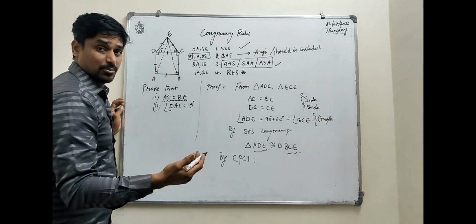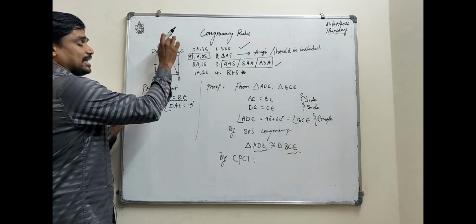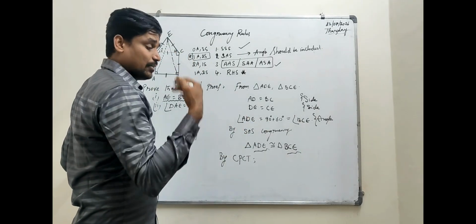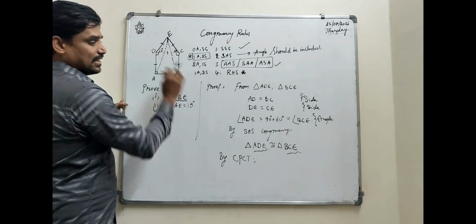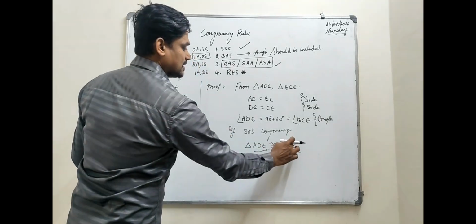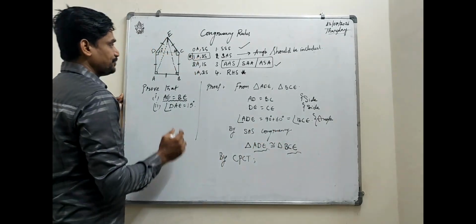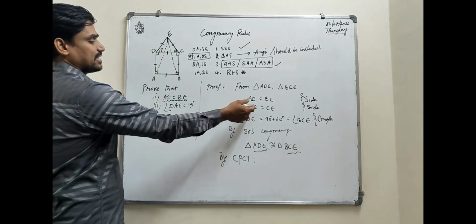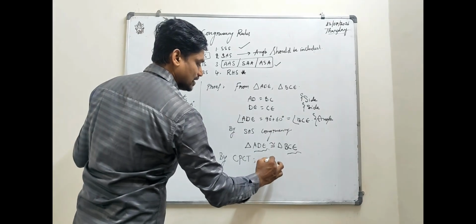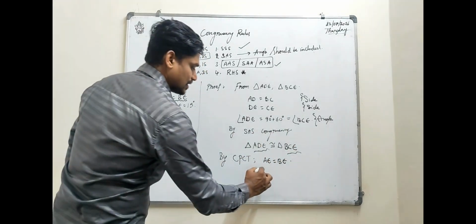And angle D and angle C are equal, and this angle E and this angle E are equal. And when it comes to sides, AD and BC are equal, DE is equal to CE, and AE is equal to BE. These two we anyways have, so by CPCT we can also equate AE and BE. Hence proved. Correct?